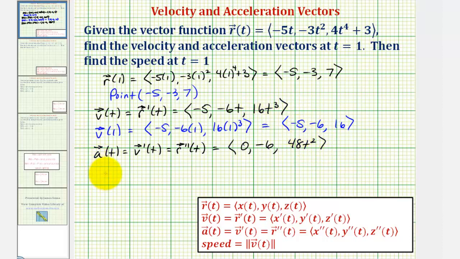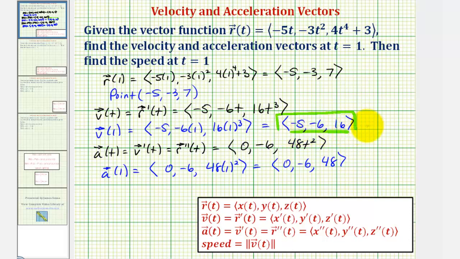And therefore the acceleration vector at t equals 1, or a of 1, would have an x component of 0, a y component of negative 6, and a z component of 48 times 1 squared. So we have components 0, negative 6, 48. So we answered the first two parts of this question. We found the velocity vector at t equals 1. We found the acceleration vector at t equals 1.